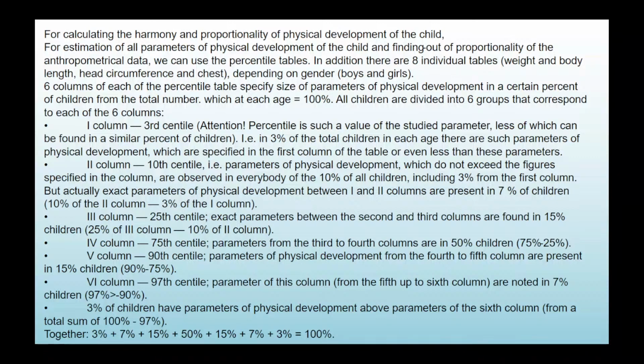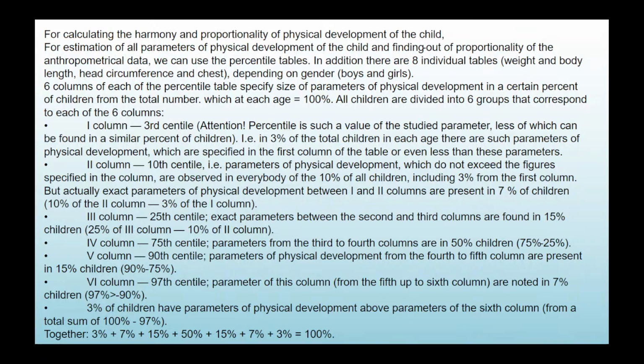It's parameters of physical development which don't exceed the figures specified in the column, and are observed in 10% of all children, including the 3% from the first column also.